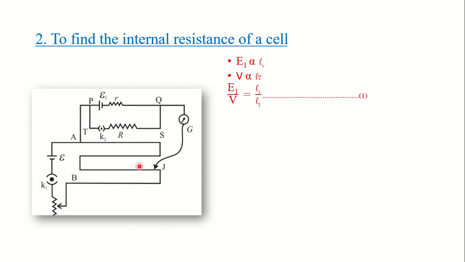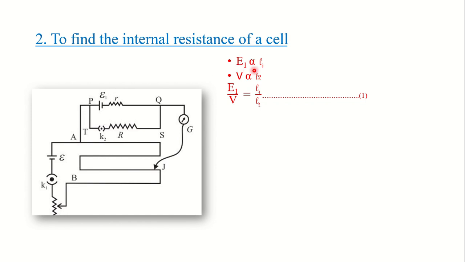Now what you will find out? You will tap the jockey at A, tap the jockey at B. See that the galvanometer shows deflection on both sides. After that, you will find out the point where the galvanometer shows zero deflection and measure that length as L1, which balances the EMF of the cell.